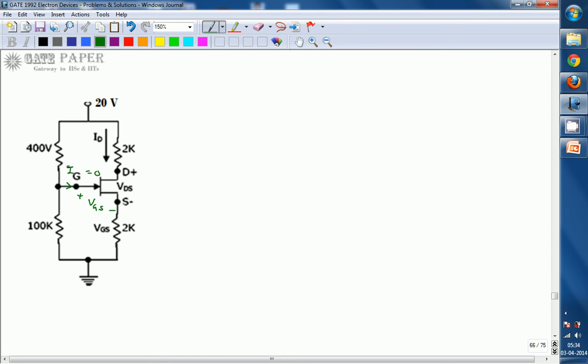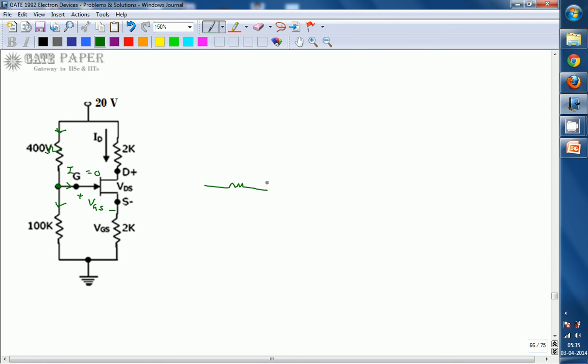So the same current supplied from 20 volts through 400 kilo ohms flows through 100 kilo ohms, and you can calculate the voltage at the gate using the voltage division rule.